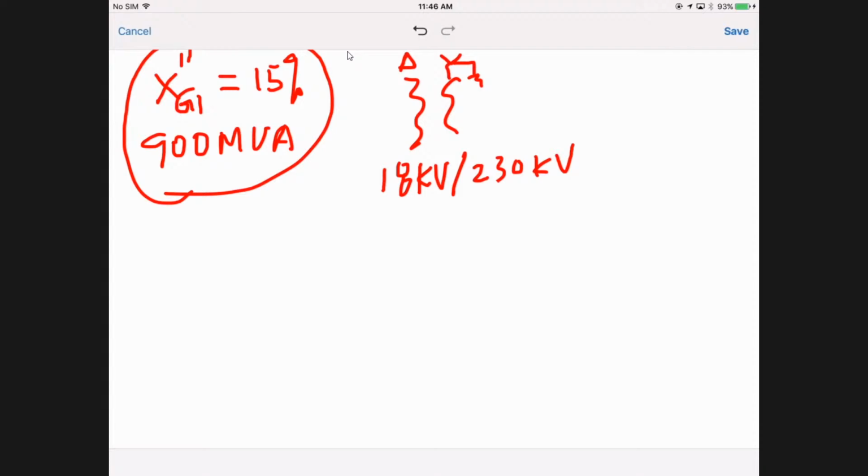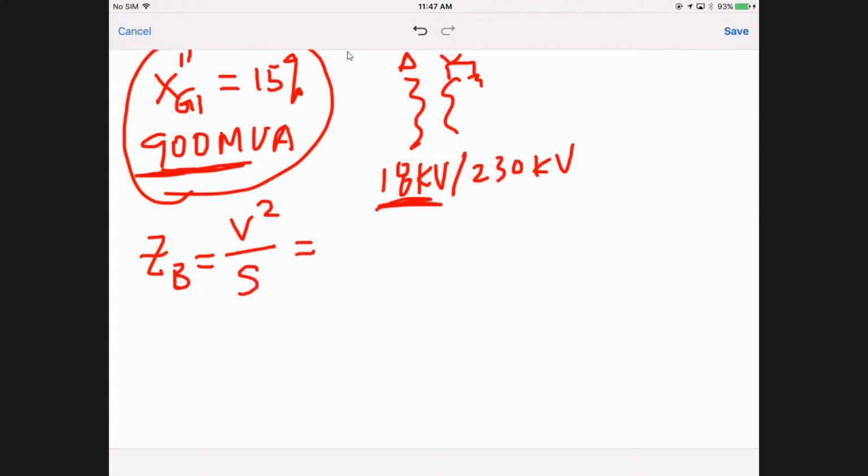This 15% is based on 900 MVA, 18 kV. Then what is the base impedance? The base impedance will be V squared over S.